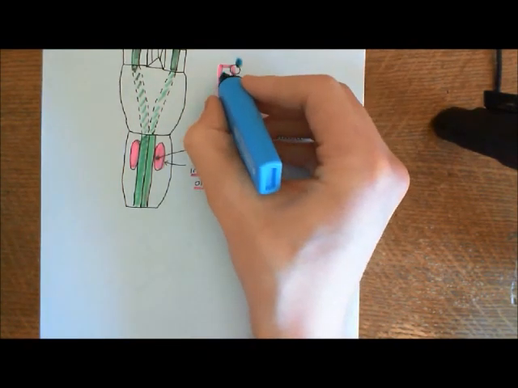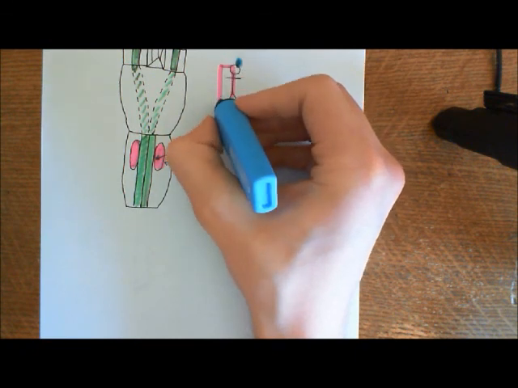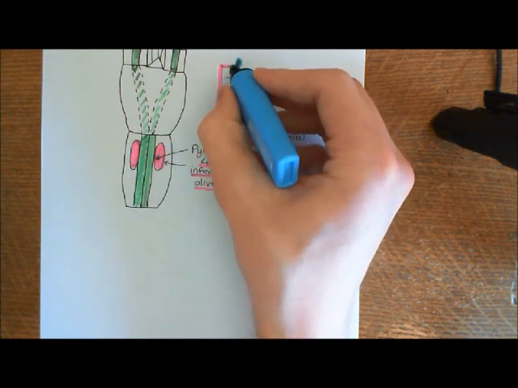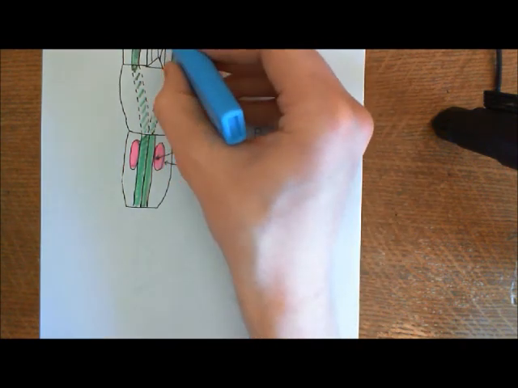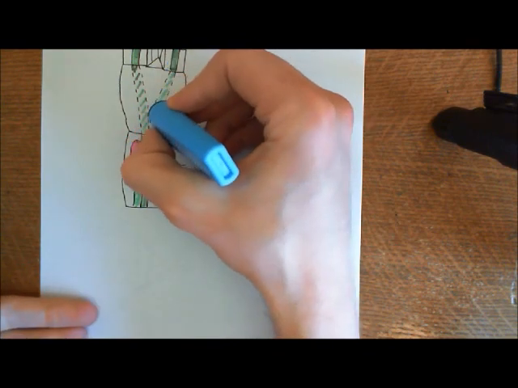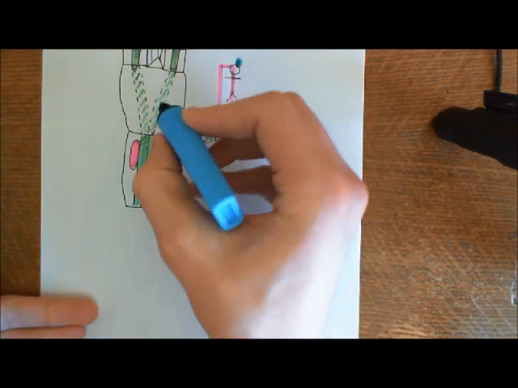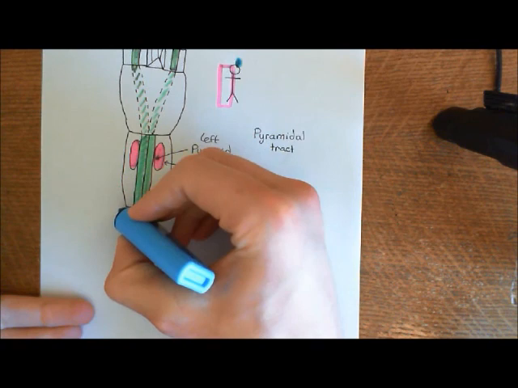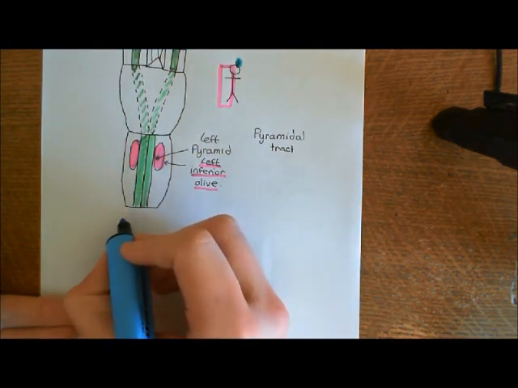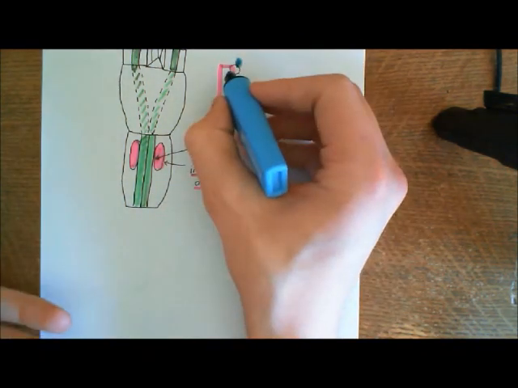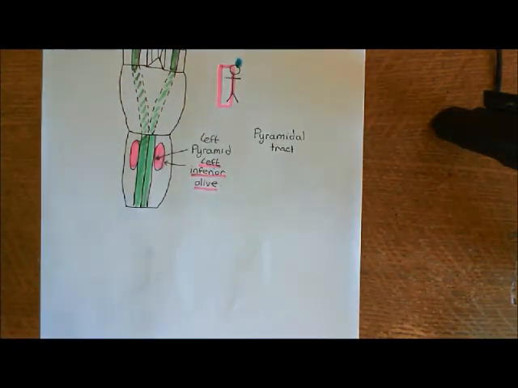So the motor neurons that innervate the muscles on the right side of your body are going to be controlled by upper motor neurons that have their cell bodies in the left primary motor cortex, and are therefore descending at the moment in the left corticospinal tract. So at some point this needs to cross onto the other side so that these axons can synapse with lower motor neurons on the right hand side, and then those lower motor neurons will go and innervate muscles on the right hand side of the body.